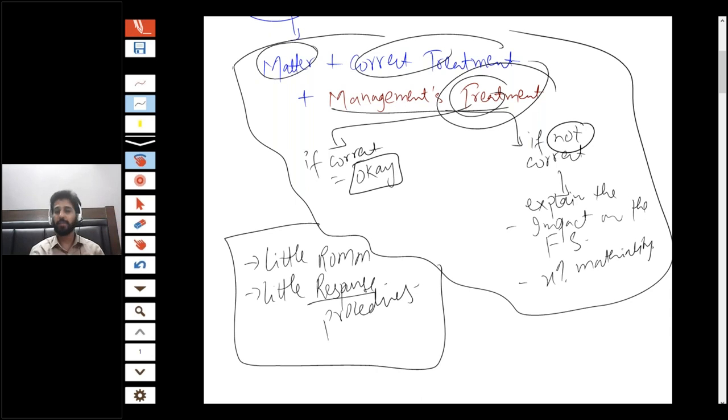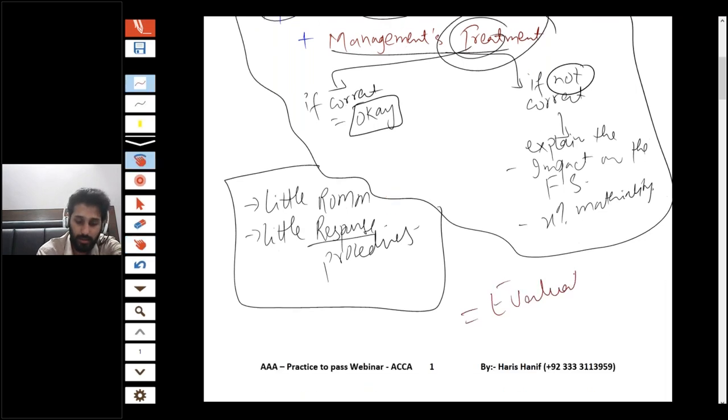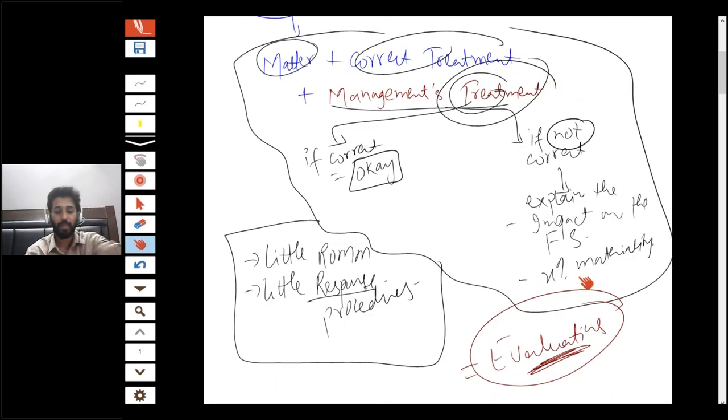That is, management had already done it and you are required to evaluate. Now here, your evaluation skill is very important. And while writing any kind of evaluation, you need to write what should have happened, what has happened, and whatever happened, what is the impact. That's the comment on the matters, and the answer content should cover at least these things.